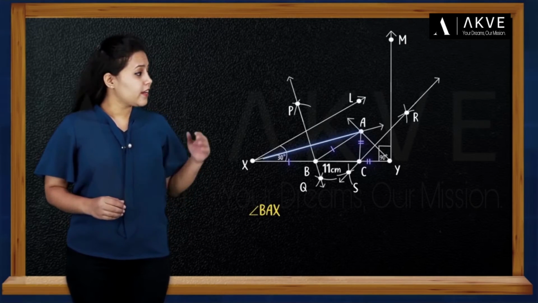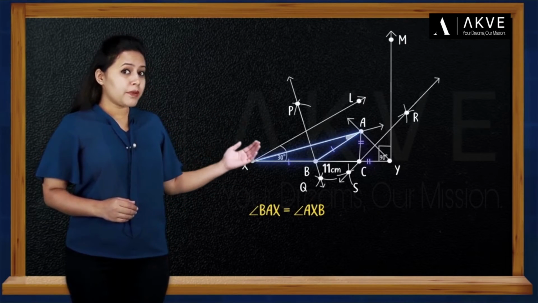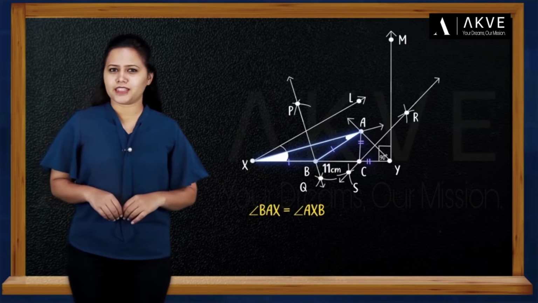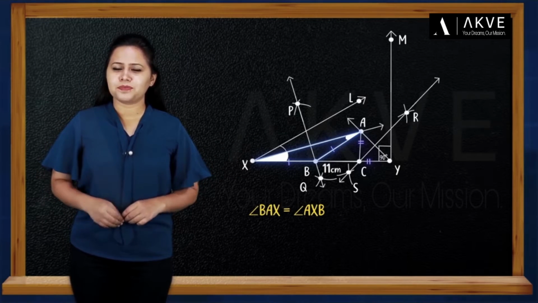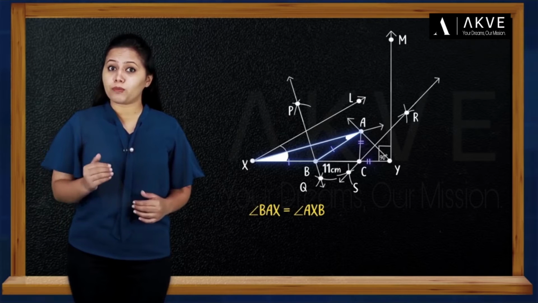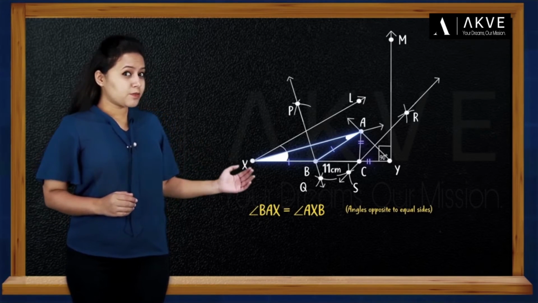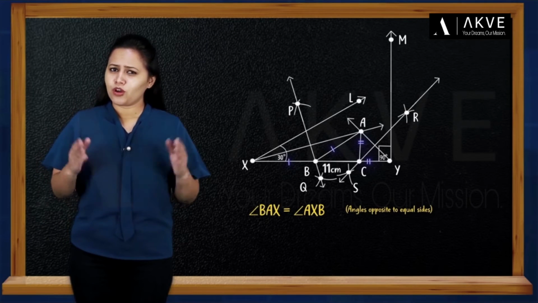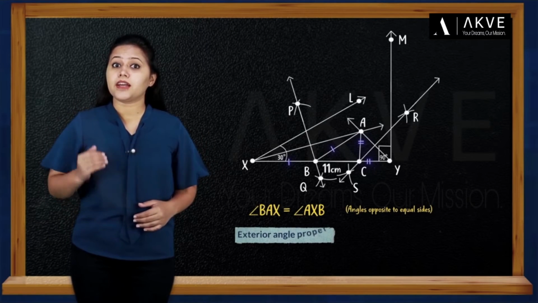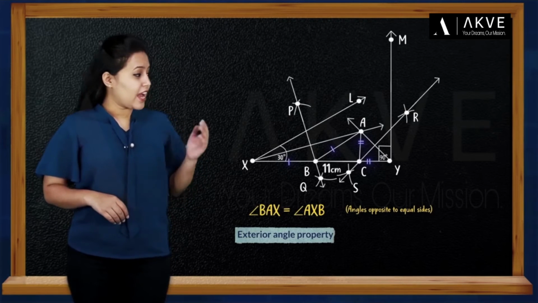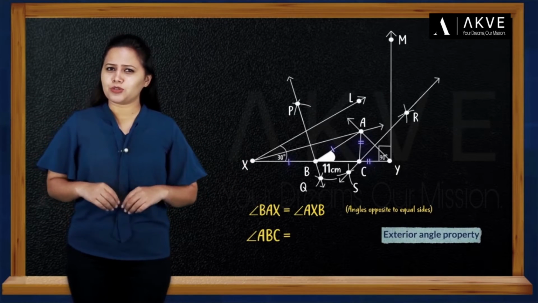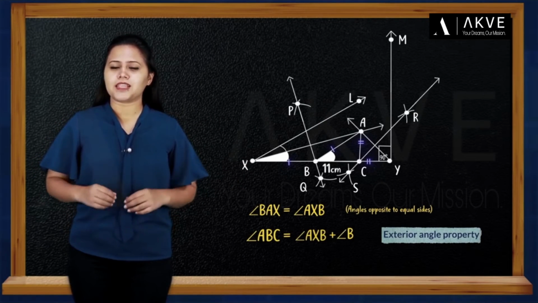Further, in triangle AXB, angle BAX is equal to angle AXB. And why? Because the angles opposite to equal sides are equal. And here, XB is equal to AB. Also, using the exterior angle property, we get angle ABC is equal to angle AXB plus angle BAX.